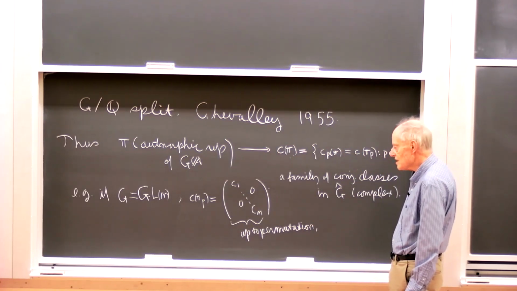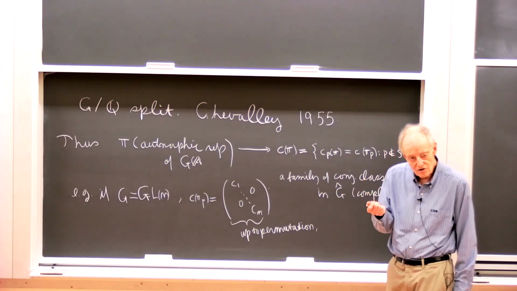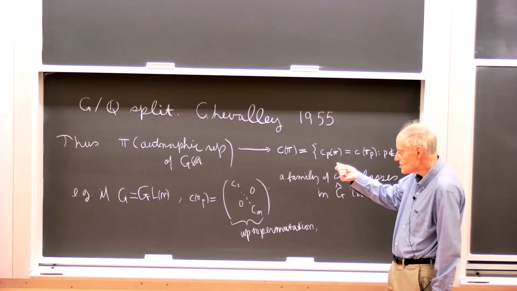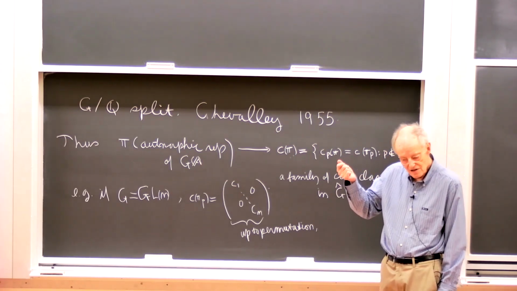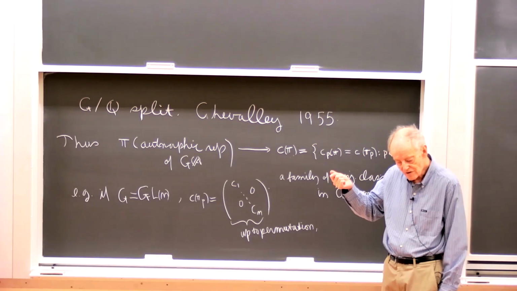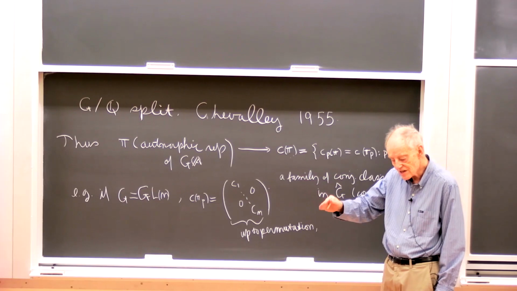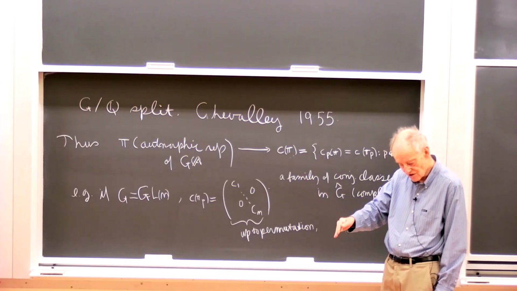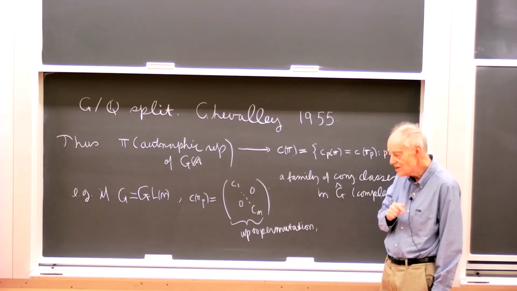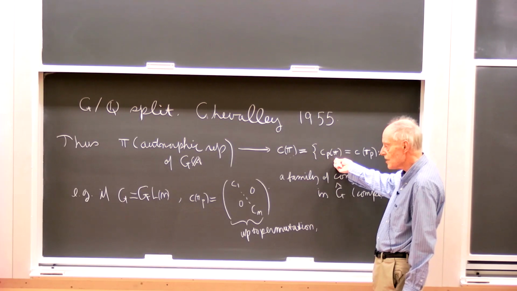And in many cases, notably for the general linear group, if G is a general linear group and pi occurs in the discrete spectrum of L2 of GLN(A) modulo the center and modulo GLN(Q), then these actually completely determine pi.